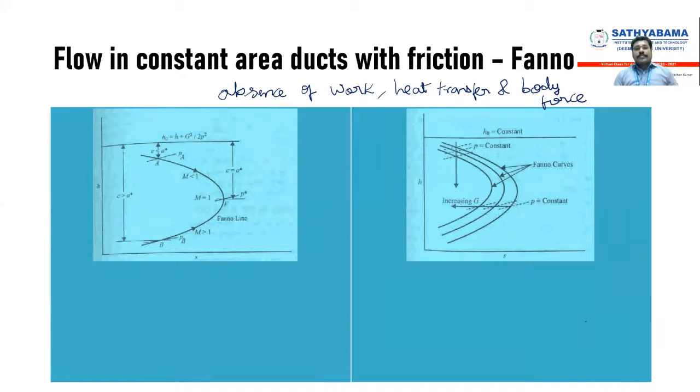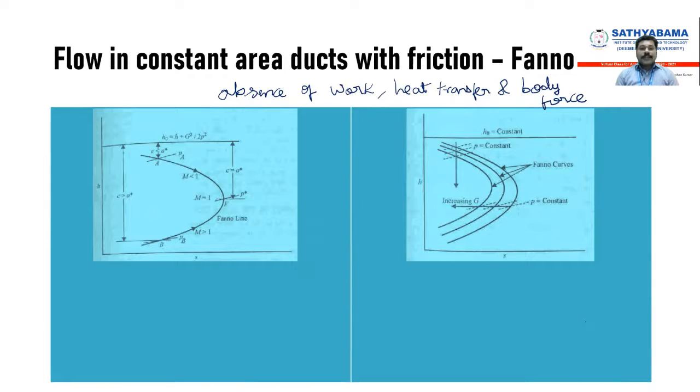So flow in a constant area in the absence of heat transfer and body force is called Fanno flow. The definition of Fanno flow is that we have a constant area duct, and flow occurs with absence of work, heat transfer and body force, but with friction.